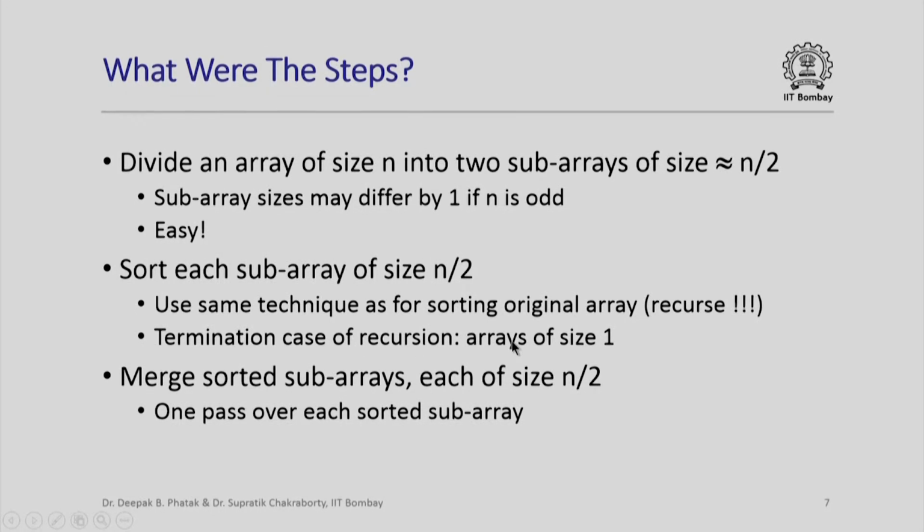In these cases, the arrays are already sorted, so we do not need to recurse anymore. And we also saw how to merge sorted subarrays each of size n by 2, and if you recall from the last lecture, we saw that this merging of sorted subarrays can actually be done quite efficiently by making a single pass over each sorted subarray.